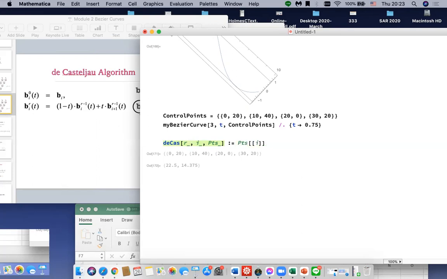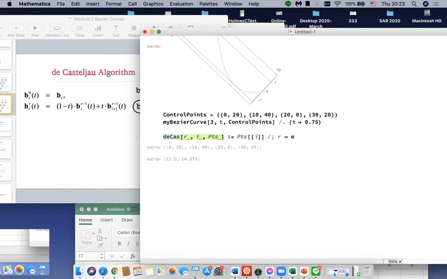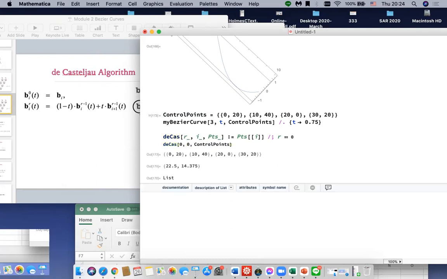Ignore r. When r is equal to 0, I will try to find the Casteljau, and I use control points here, because I want to use i equal to 0 and r equal to 0. What happens?